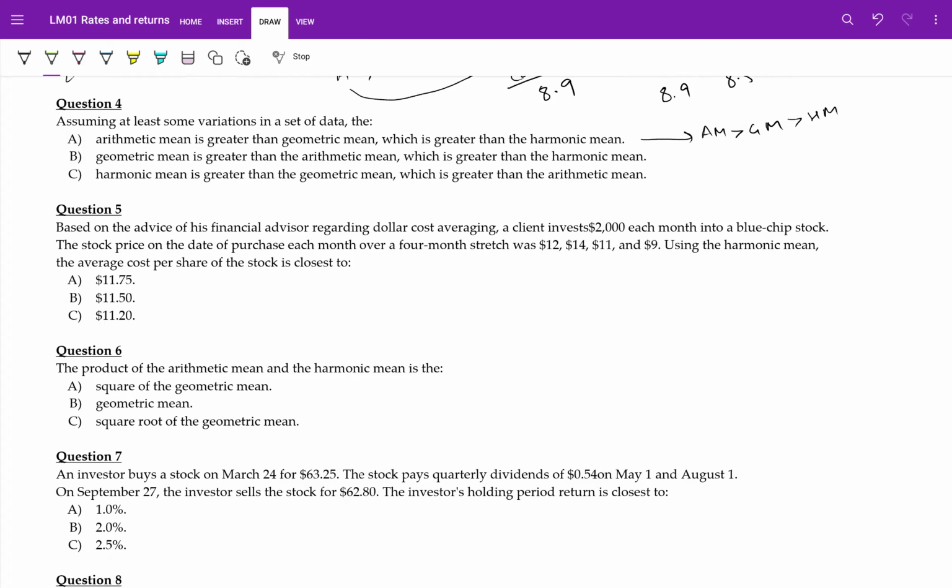Then the second statement is saying geometric mean is greater than arithmetic mean, which is again greater than harmonic mean. The third statement is saying that harmonic mean is greater than geometric mean, which is greater than arithmetic mean.